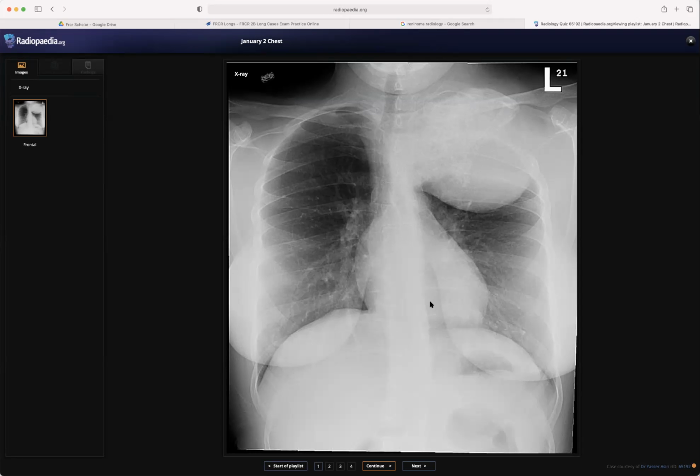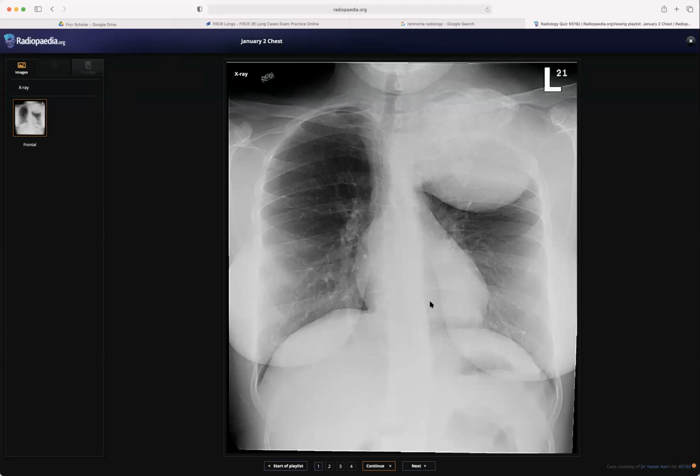About the rest of the lung fields, I'm not seeing any other nodular opacities. Other than a mild shift of the mediastinum, the heart is normal in contour, and the rest of the bones also appear normal.